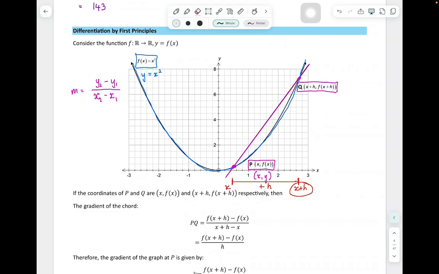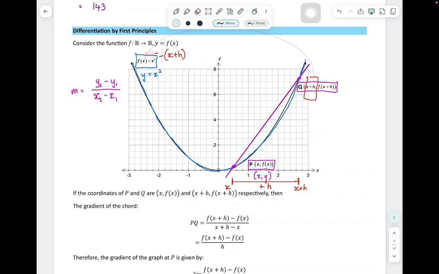So if our x value in this coordinate is x plus h, how then do we find our y value? To find our y value, we substitute our x plus h into our original f of x, and therefore we end up with f of x plus h, because we substitute the x value in. It's no longer x, it's now x plus h. That is our y value.